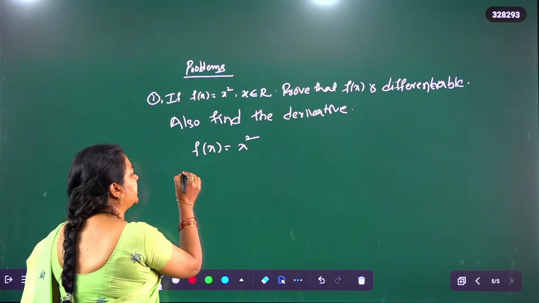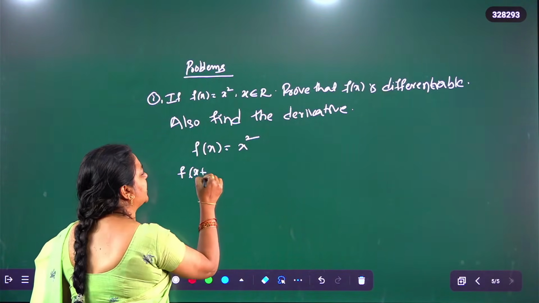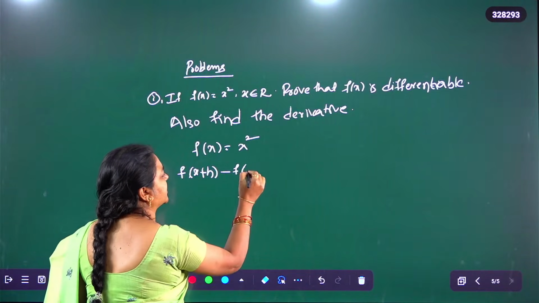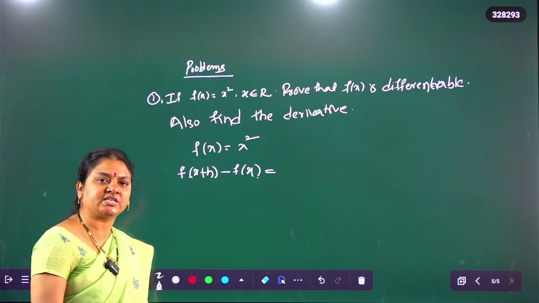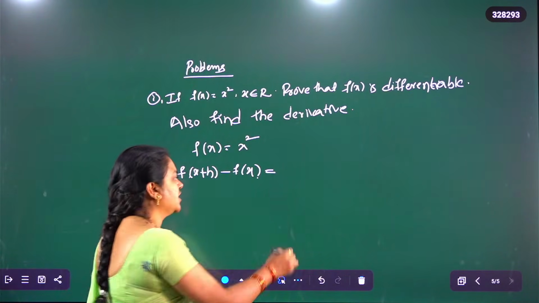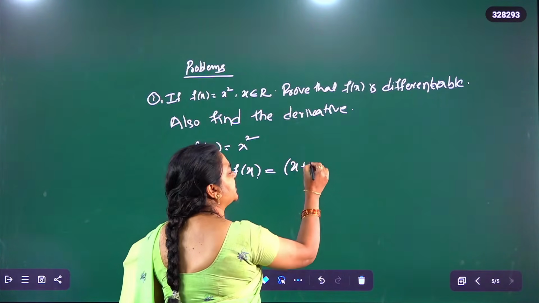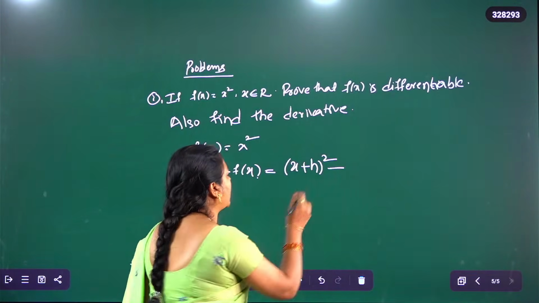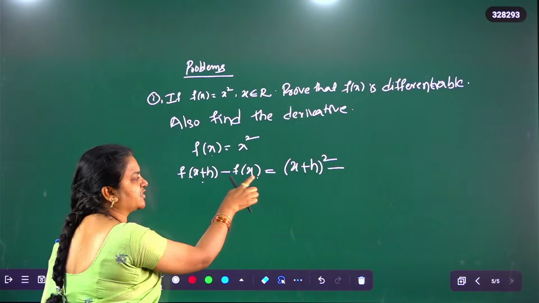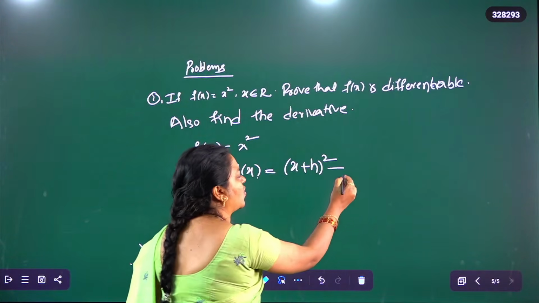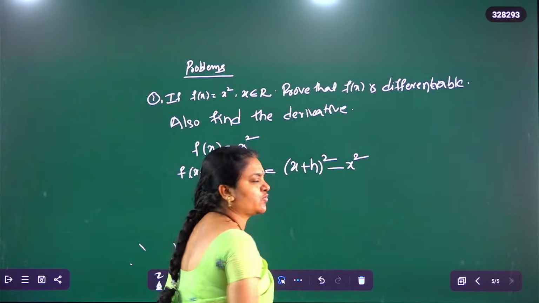Here I will take f of x plus h minus f of x, because our first principle is f of x plus h minus f of x by h. So here x plus h whole square, because our f of x is x square, minus x square.